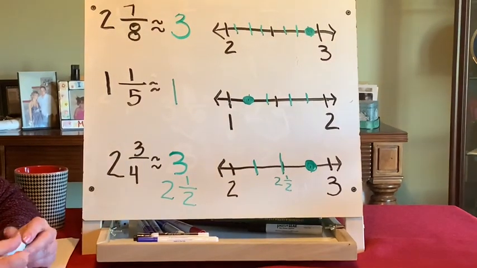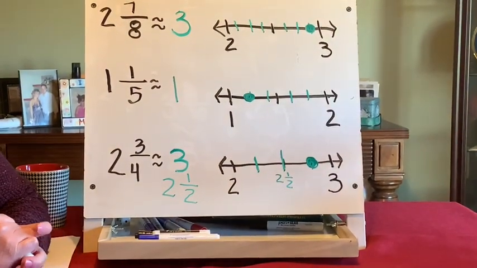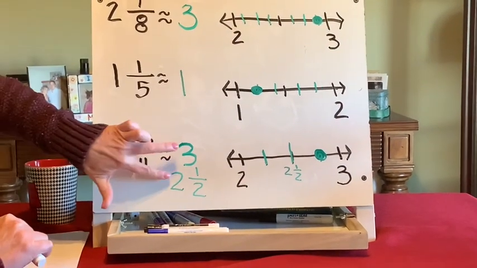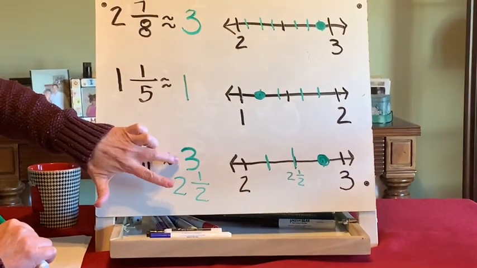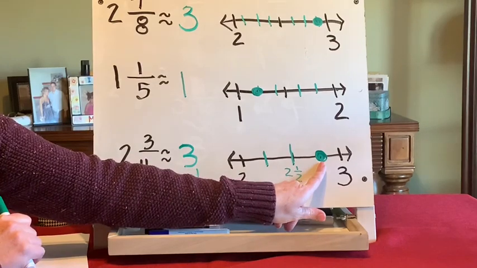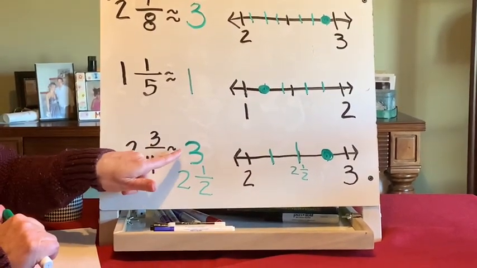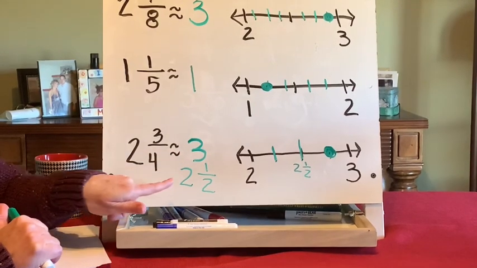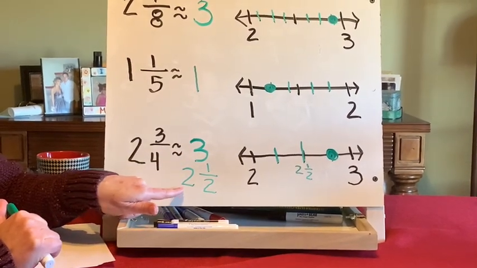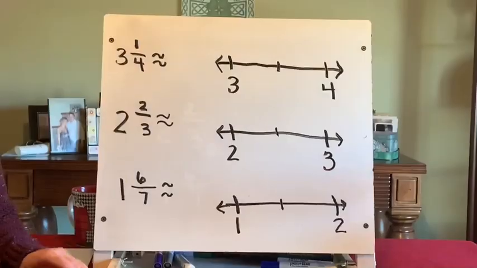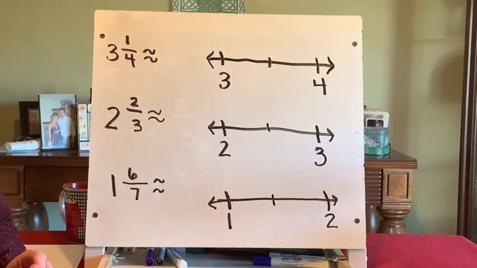And when we are estimating, different from rounding, it's okay if, in a case like this, when it's directly in the middle of two of my answers, that I can either say I estimate to 3, or I can say I am estimating to 2 1/2. Let's do a few more examples.